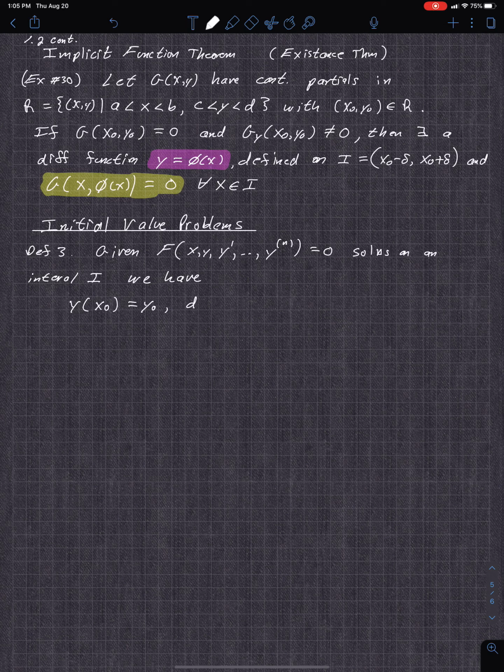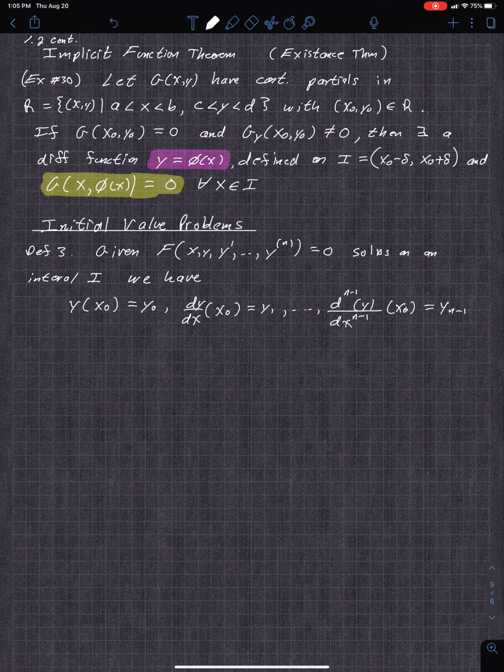We have dy/dx of x naught equal to y1, etc. And we have d^(n-1)y/dx^(n-1) of x naught equal to y sub n minus 1.